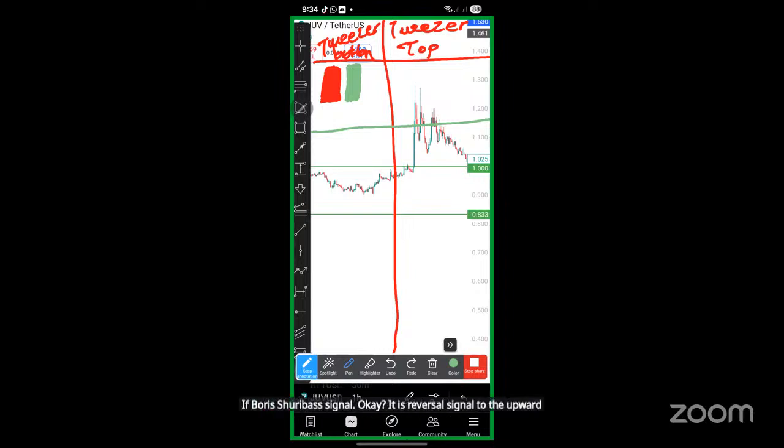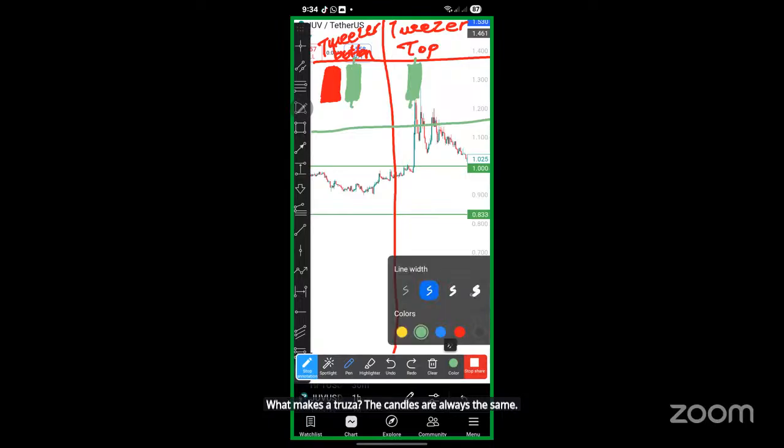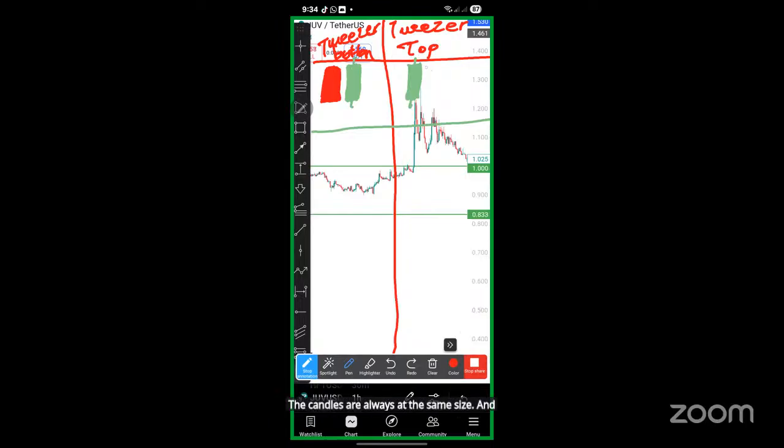Okay, I can go ahead and look at the tweezer top. What makes a tweezer? The candles are always at the same size and at the same level.